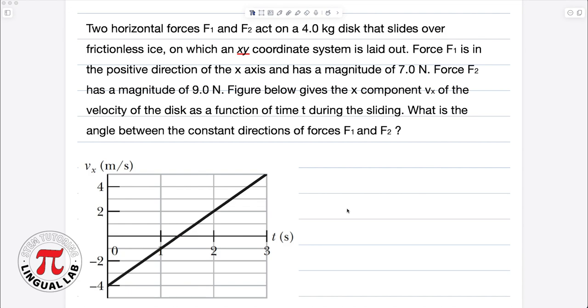Force F2 has a magnitude of 9.0 Newton. The figure below gives the x component Vx of the velocity of the disk as a function of time t during the sliding. What is the angle between the constant directions of force F1 and F2?